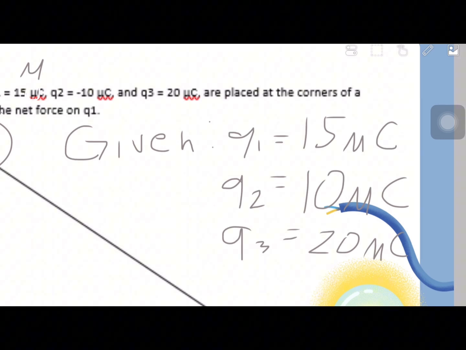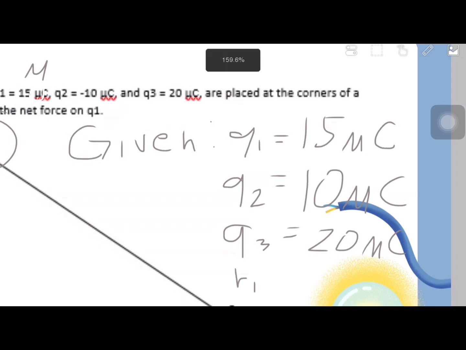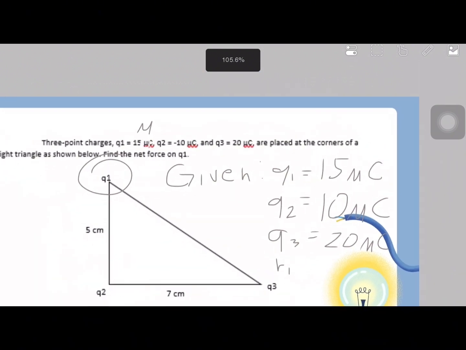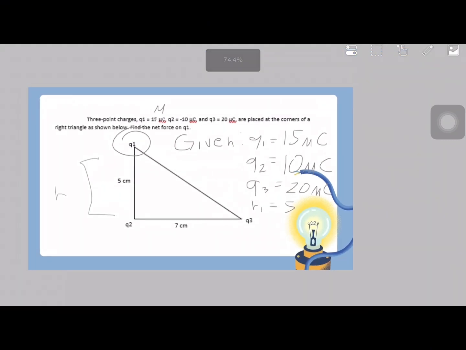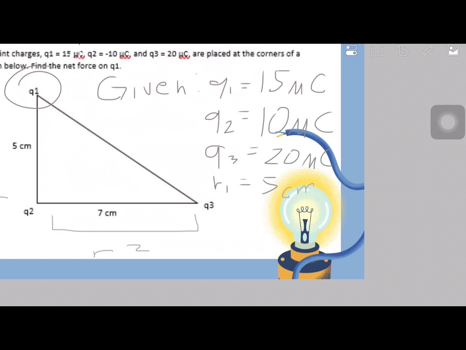Then we would have our own R1. R1 would be our own 5 cm. So this is Q1 going to Q2. Yeah. So this is our own R1. Then this is our own R2, which is Q2 going to Q3.